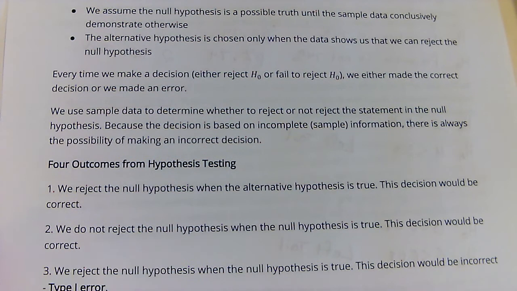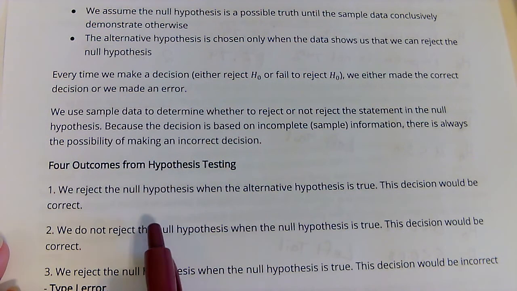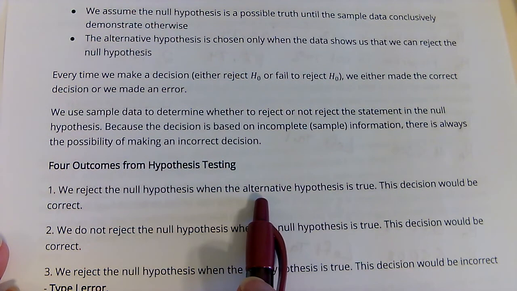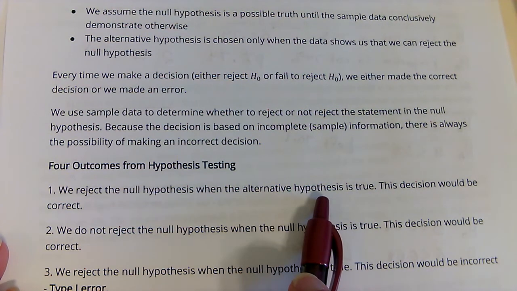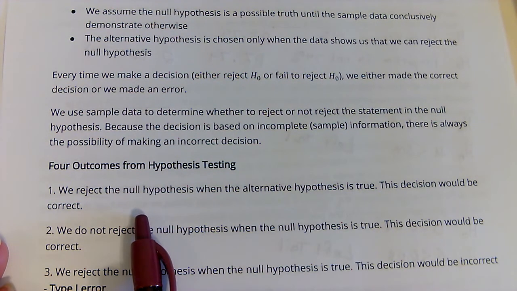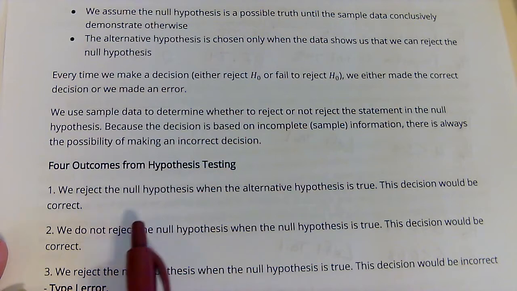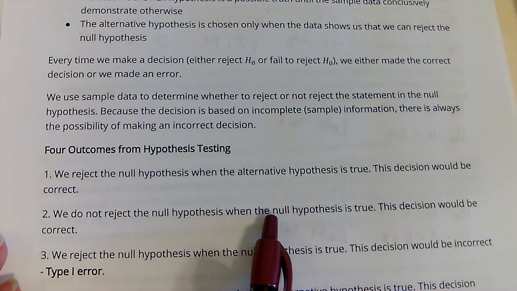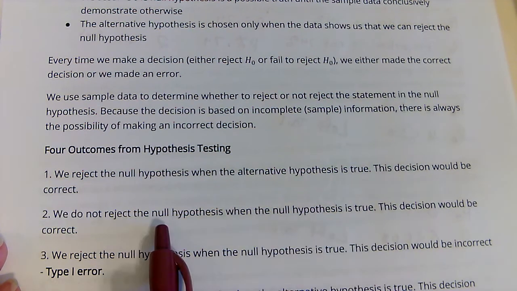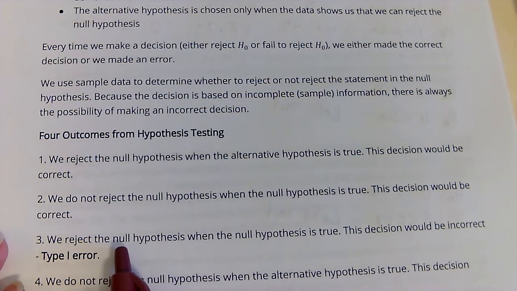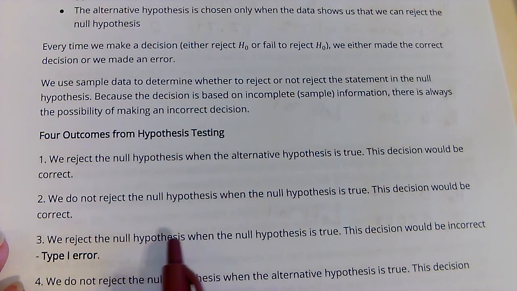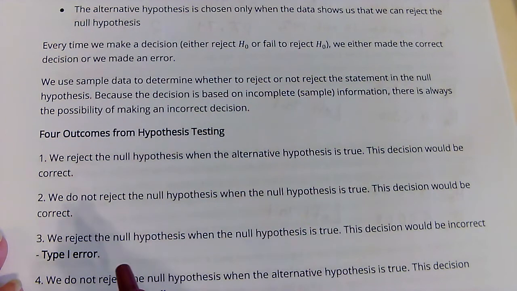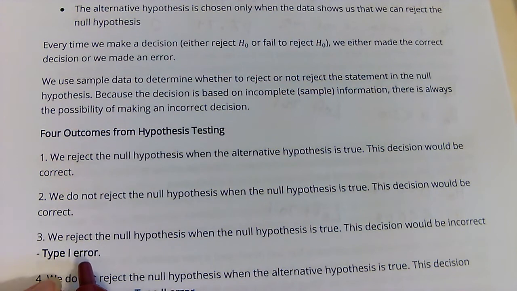Now there's 4 outcomes that can happen. We could reject the null hypothesis when the alternative is true. That means we were correct. We could not reject the null hypothesis and the null hypothesis was true. Again, we were correct. But what if we reject the null hypothesis but the null hypothesis was true? We consider this a type 1 error.